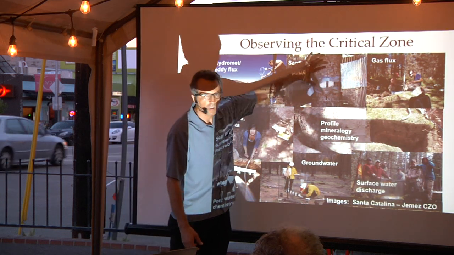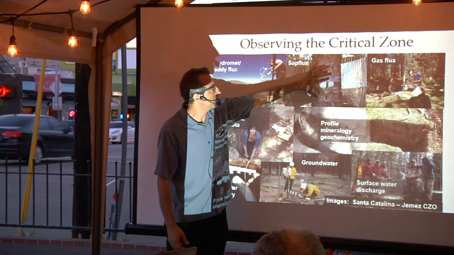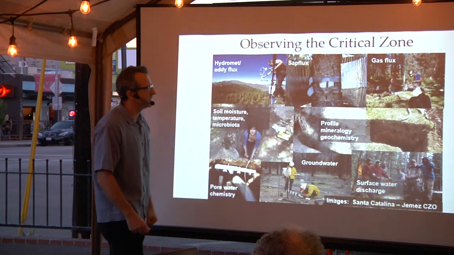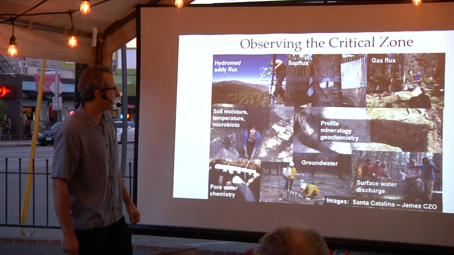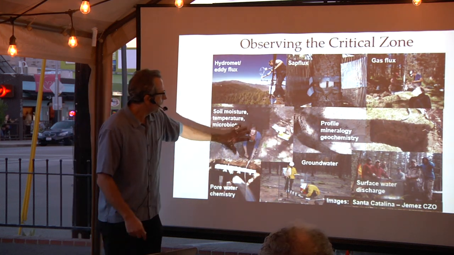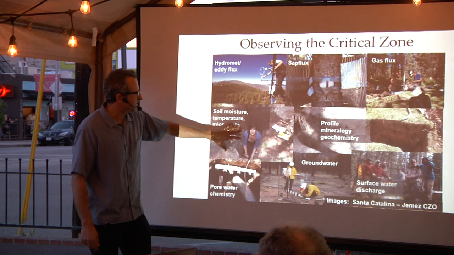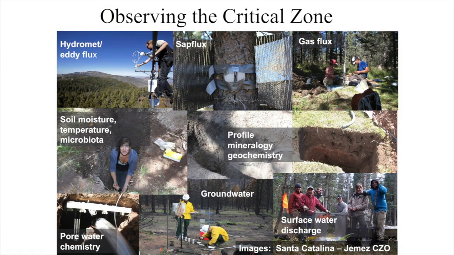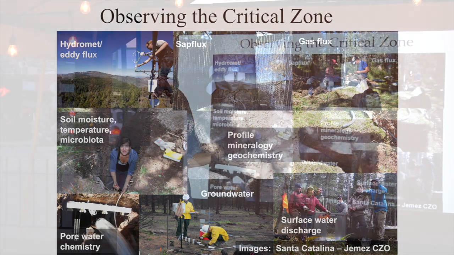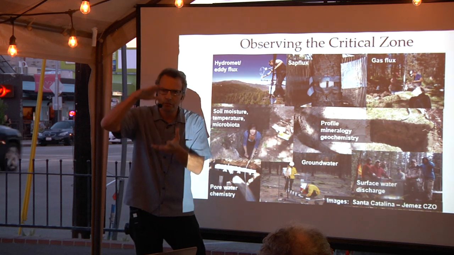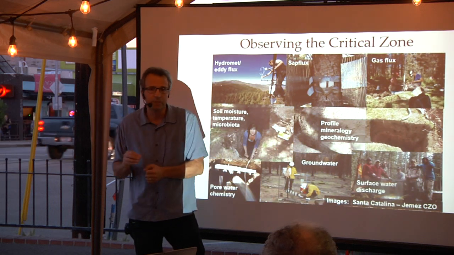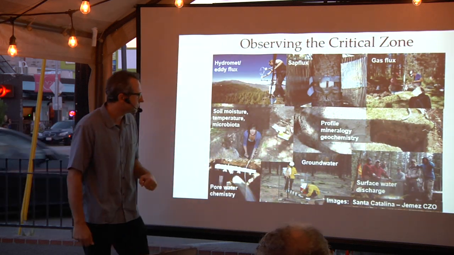And then we're measuring as well water fluxes in the trees and vegetation in these sites, gas fluxes throughout the depth of the soils and up into the atmosphere, vice versa. We measure soil moisture and temperature as a function of depth. We're collecting samples as a function of depth and bring them back to the lab and do mineralogy and geochemistry analyses and microbial analyses to get a sense of how the geochemistry relates to what types of microorganisms are present and what they might be doing in terms of developing this weathering profile.